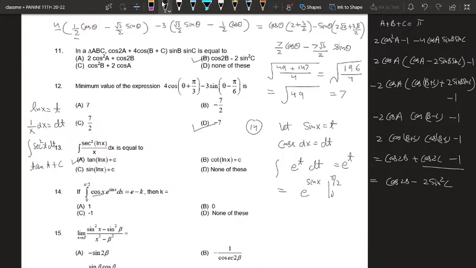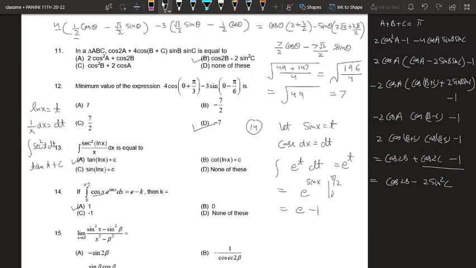Now putting back the substitution t equal to sin x, with x varying from 0 to pi by 2, this is e raised to power sin pi by 2, minus e raised to power sin 0, that is e raised to power 1 minus 1. So the answer is e minus 1.